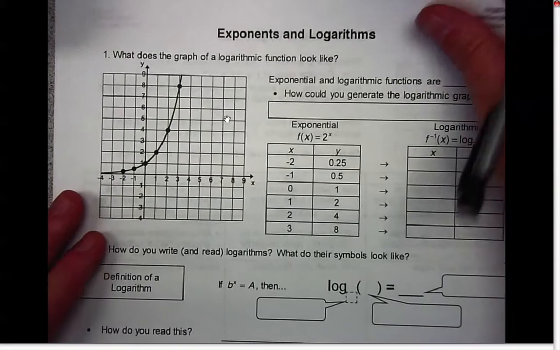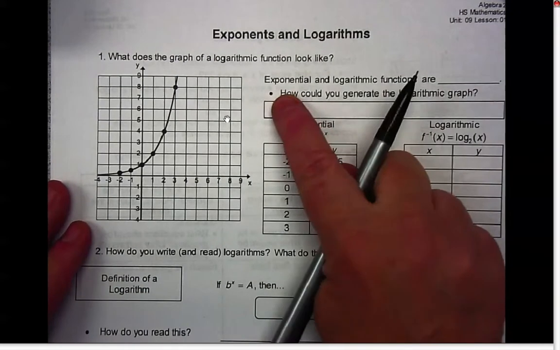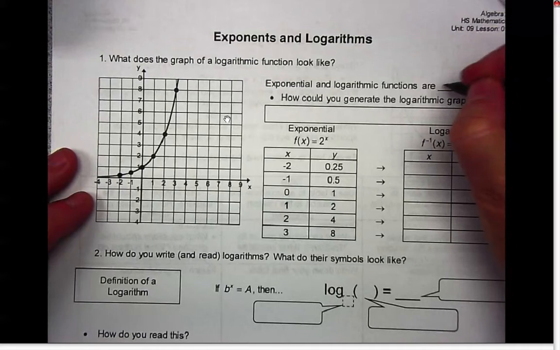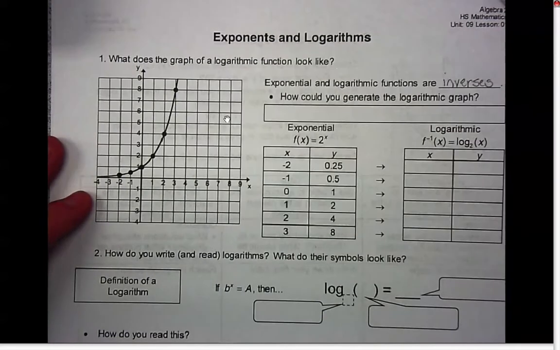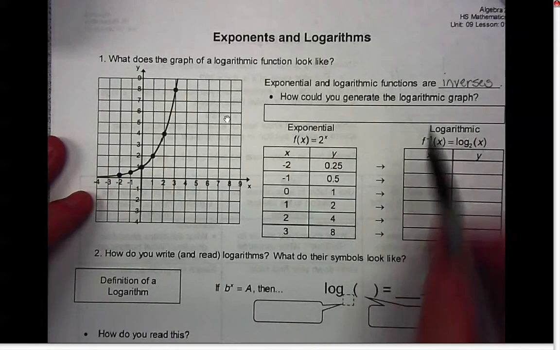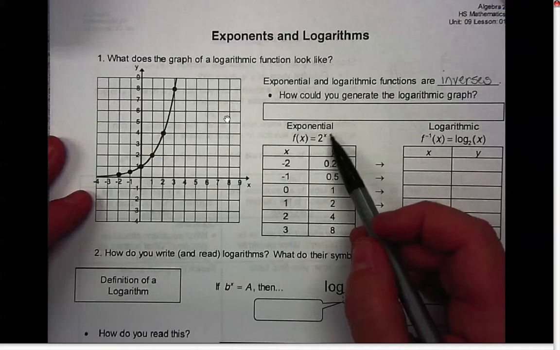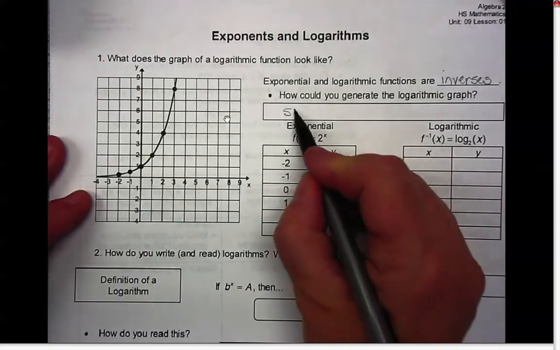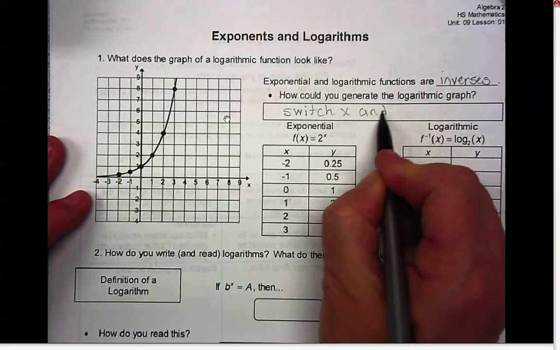So that's what we're going to learn about logarithms now. Because logarithms undo exponents, they are inverses. How could you generate the logarithmic graph if you're given the exponential graph 2 to the x? How could we do the inverse of that? Well, to do an inverse, you switch x and y.